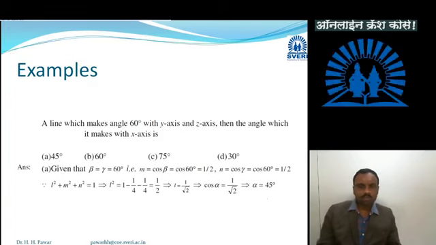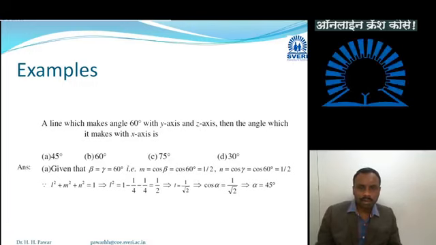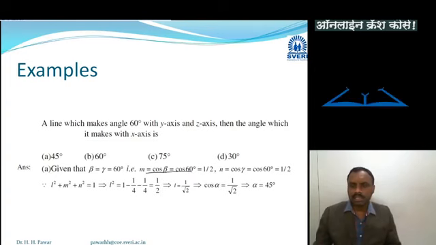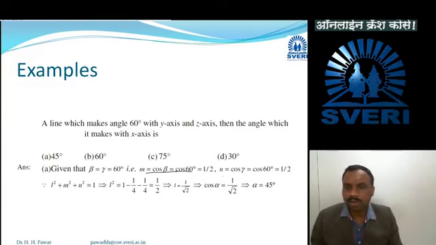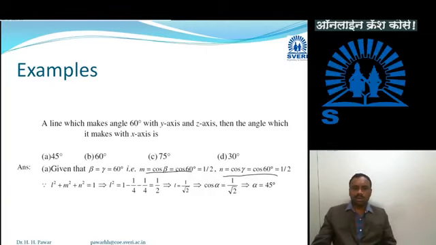So here find out m and n, that is m is equal to cos beta equal to cos 60 degree, and that is 1/2, and n is equal to cos gamma equal to cos 60 degree is equal to 1/2.